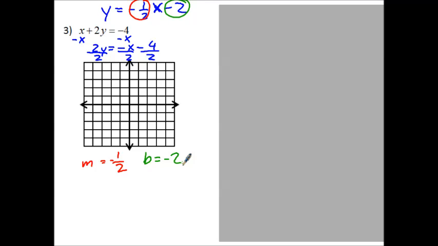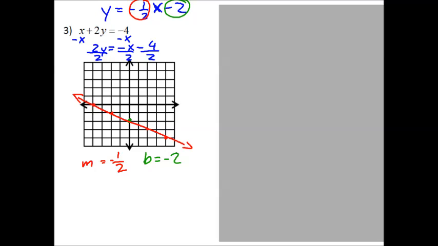And we are ready to graph. -2 is our y-intercept. And now we go from there, 1 down, 2 to the right, 1 down, 2 to the right. And if you want to go to the left to get more points, you just have to reverse both things. In other words, 1 up, 2 to the left, 1 up, 2 to the left. That will give you your wonderful line.